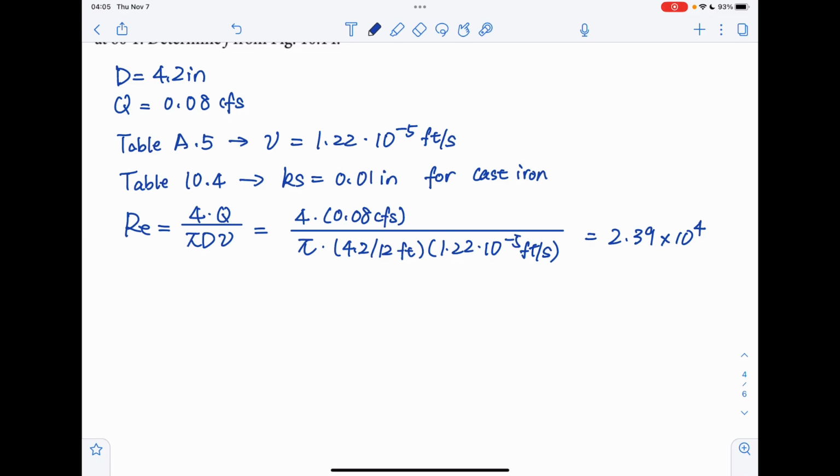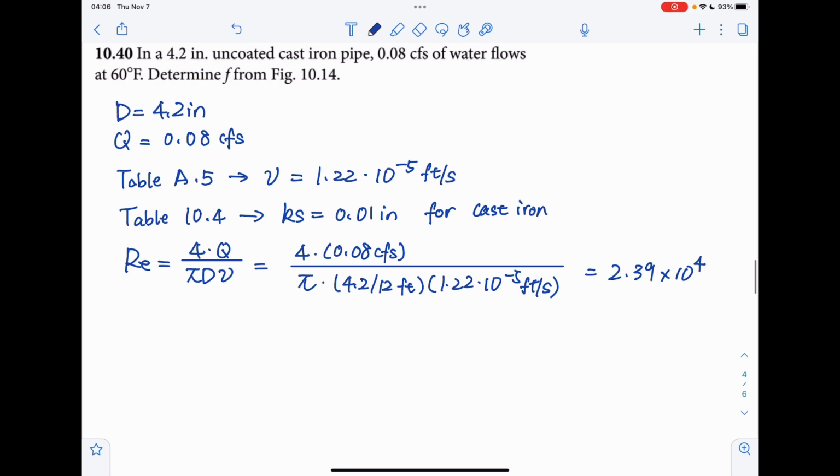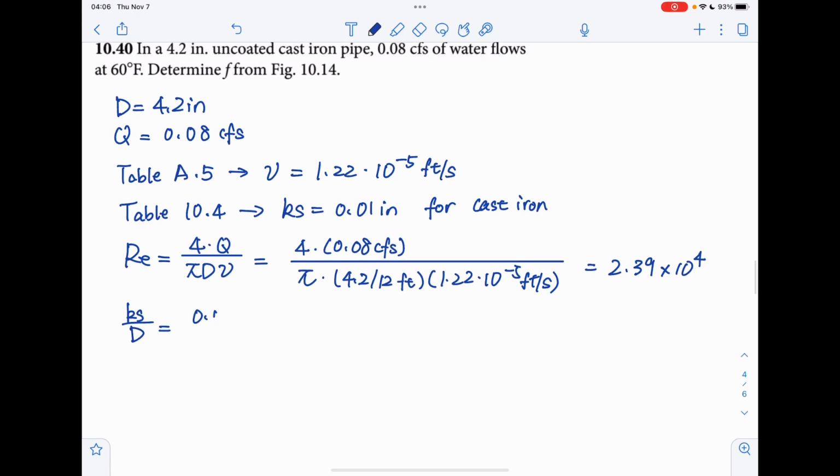Okay, and to use figure 10.14, we also need the relative roughness Ks over D, which is 0.01 inch over 4.2 inch. So this is going to be 0.00238.